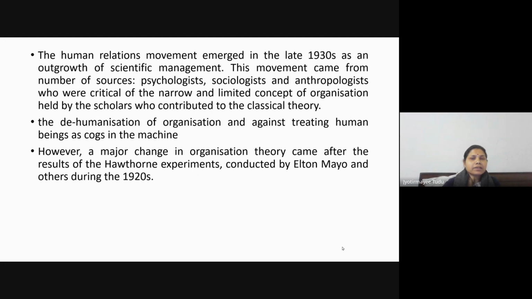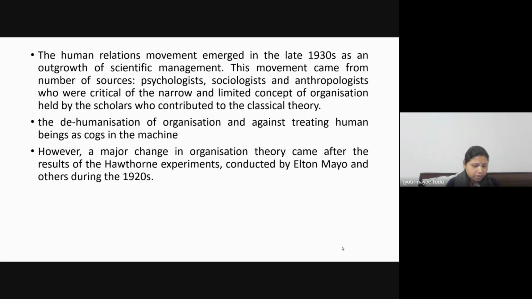of scientific management. This movement came from a number of sources, as I told you: psychologists, sociologists, and anthropologists. They were critical about the narrow concept of the organization, and particularly the focus on the structure of the organization.